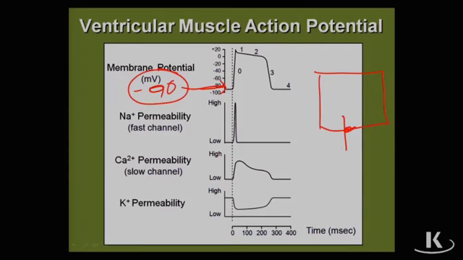What creates that? Potassium. Coming in or coming out? Out. Because normally potassium goes out in those ungated channels. The positive thing leaving makes it negative inside.